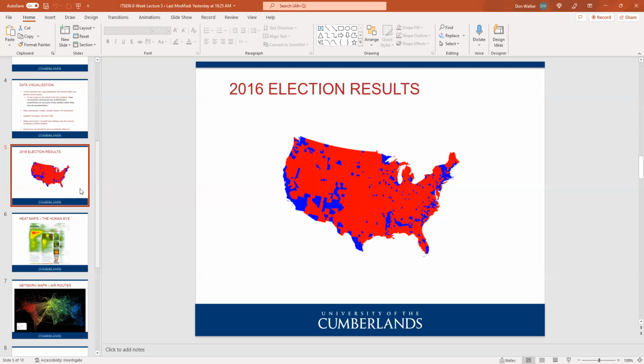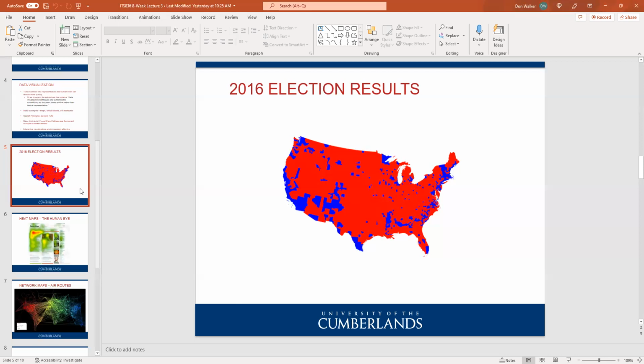Tallahassee, the capital region. Jacksonville is a metropolitan area that went Republican, but Atlanta, Washington, Baltimore, New York City, L.A., Seattle, the most populated county in Dallas, all went Democrat.